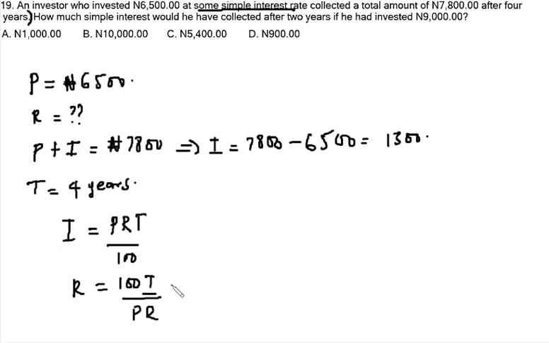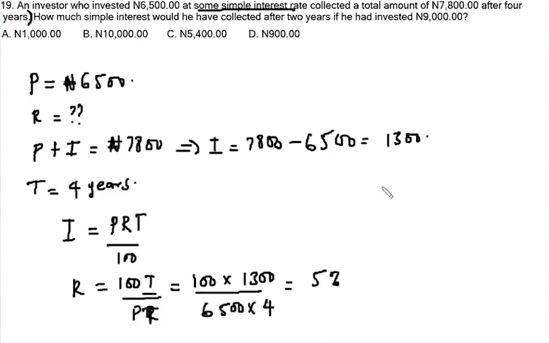So this is equal to 100 times I, which is 1,300, divided by P, which is 6,500, times T, which is 4. If you use a calculator for that, you should get 5. So the simple interest rate is 5.